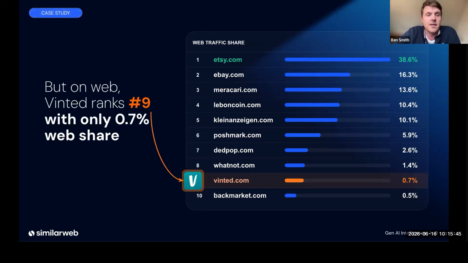And Etsy suddenly are 38%. And then eBay gets to that level that, to be honest, we were expecting. We thought they would be at that sort of level. What I would say is it gives you this incomplete picture. So if you just look at web, you cannot make those big strategic decisions, but also those operational decisions and learn from the right competitors about how they're winning or where you need to defend.